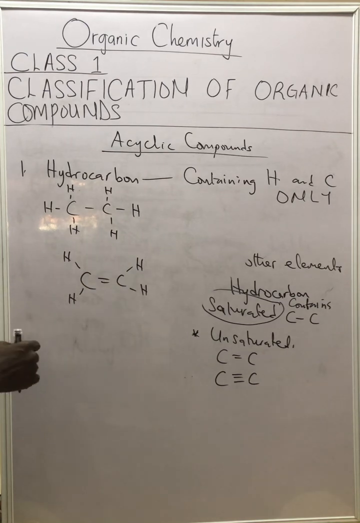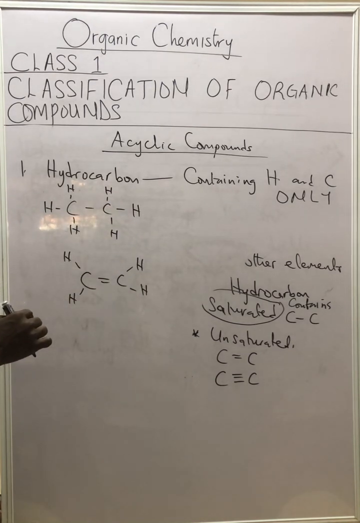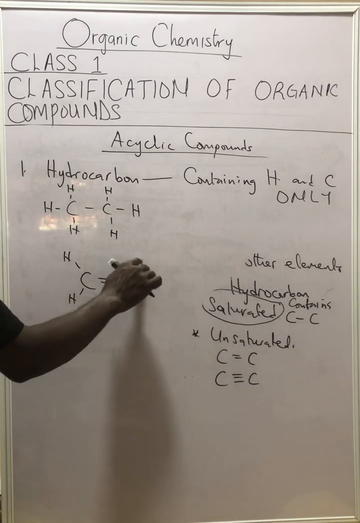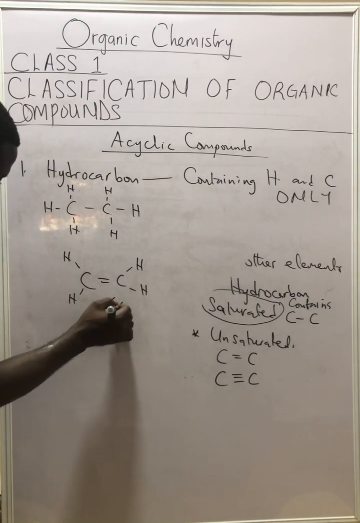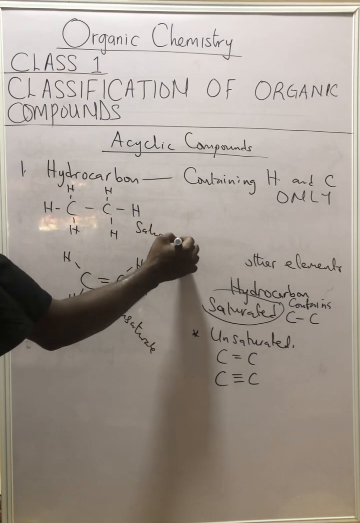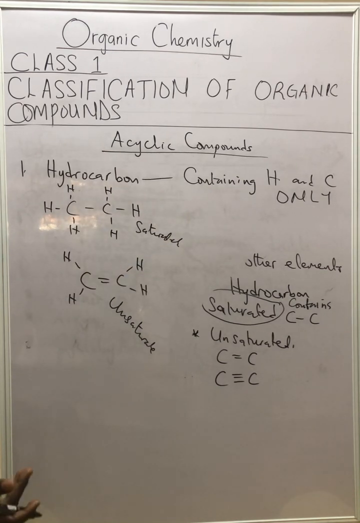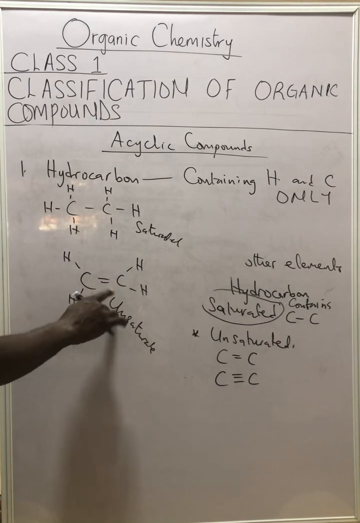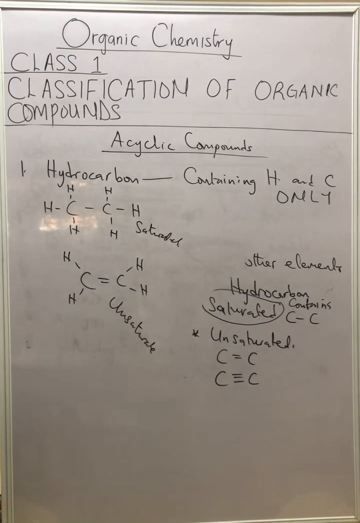There are 3 hydrogen atoms surrounding 1 carbon here. Here there are 2 hydrogen atoms surrounding 1 carbon atom. This is unsaturated, while this is saturated. But this is not the best way to learn saturation and unsaturation. Just look at the compound. Double bond, unsaturated. Triple bond, unsaturated. Single bond, saturated. It is as simple as that.